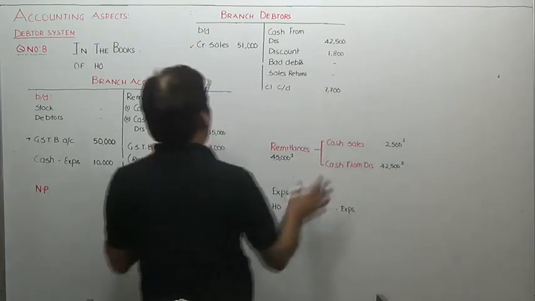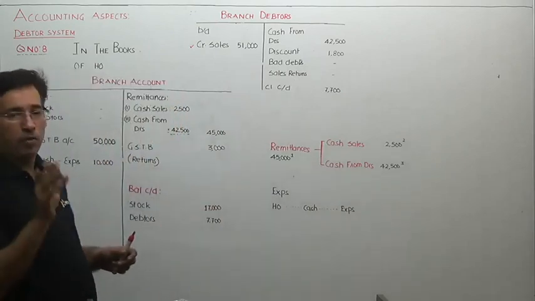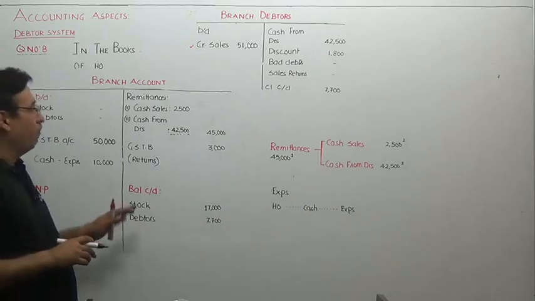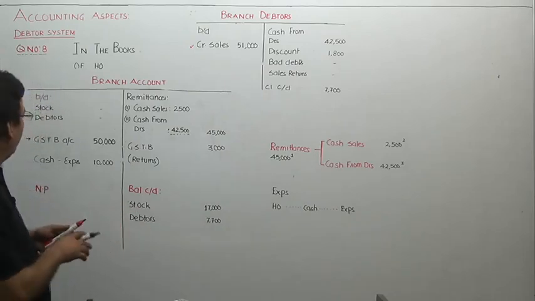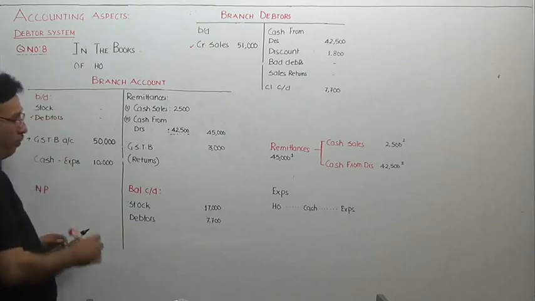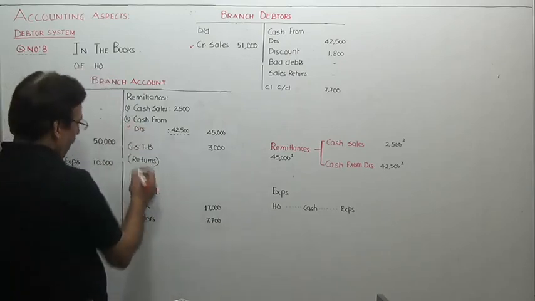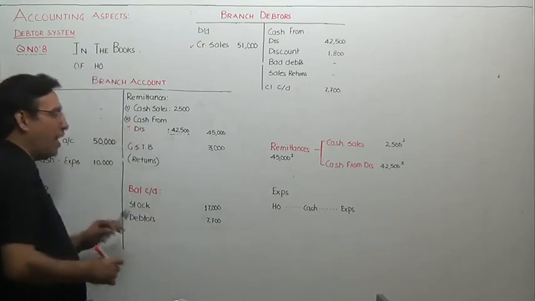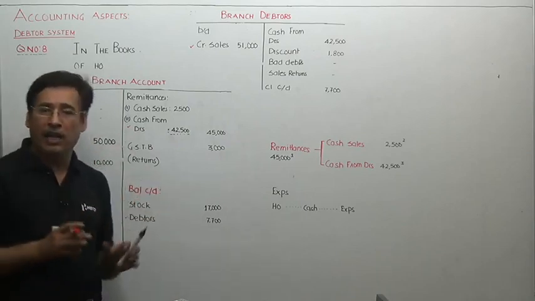Now you have completed all the transactions. The first step which you must understand is, before you tally this account, you must make sure that all the figures related to debtors, such as opening debtors, cash receipt from debtors, and closing debtors, should be present in this account before you can tally it.